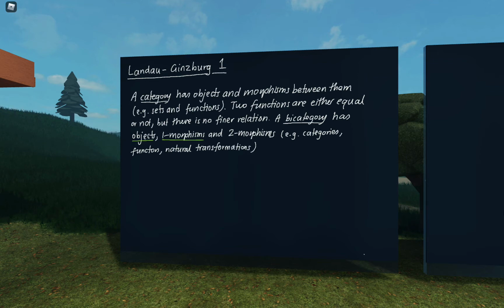So in that situation, you can have a richer set of relations between functors than you can between functions. For example, two functors can be isomorphic, different but the same. And there's much more you can say. So the whole point is that one morphisms form a category. And a category is a richer object than a set.